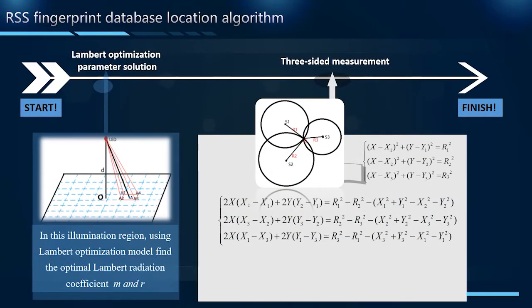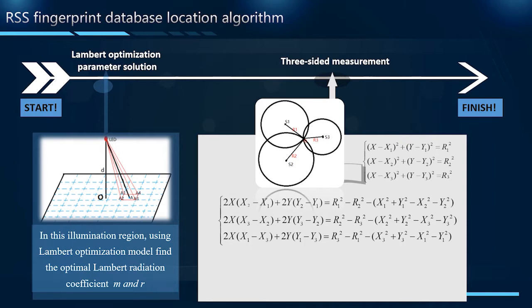Furthermore, let's move on to the RSS fingerprint database location algorithm. We use this optimization model to mark out a small illumination region as A1, A2, A3, and A4.